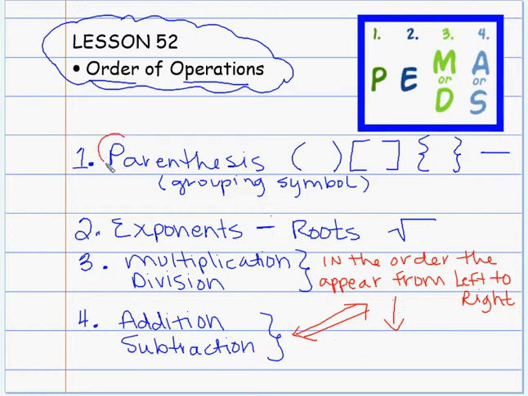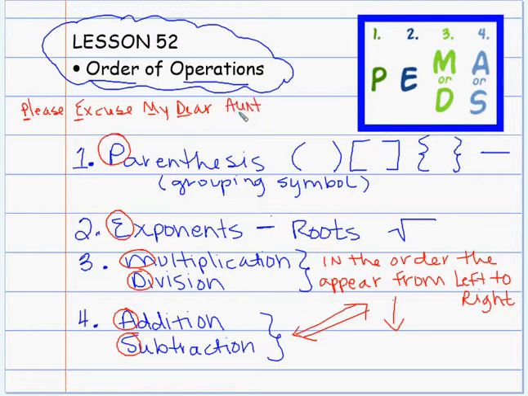Now, I hope you saw that this is how we're getting the word PEMDAS, that acronym. You probably know that better as please excuse my dear Aunt Sally.